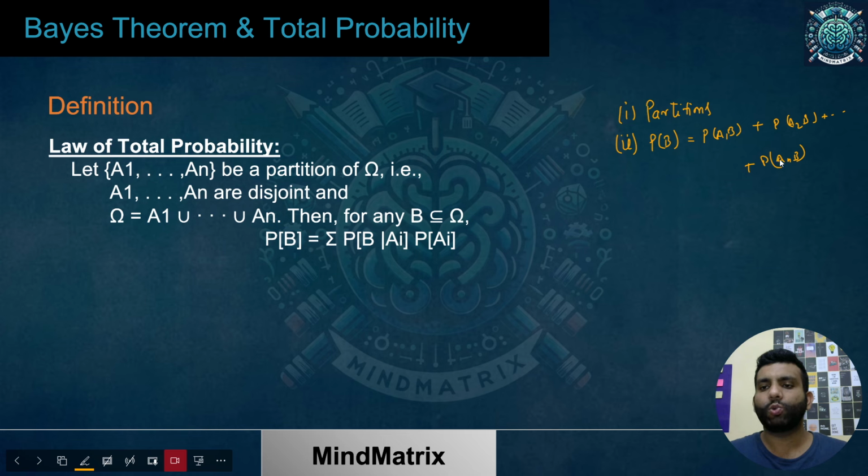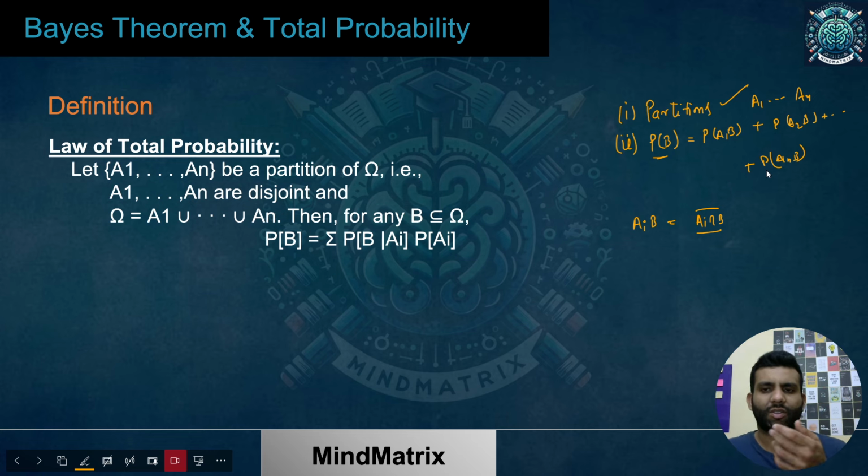When I'm writing two events together like A_i B, it simply means A_i intersection B. I hope you remember this thing, partition. What I'm referring to is that A1, A2, up to An are a partition of the sample space, and any event B can be written something like this. This must be known to you.